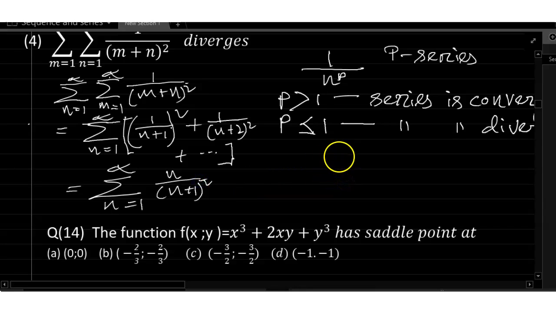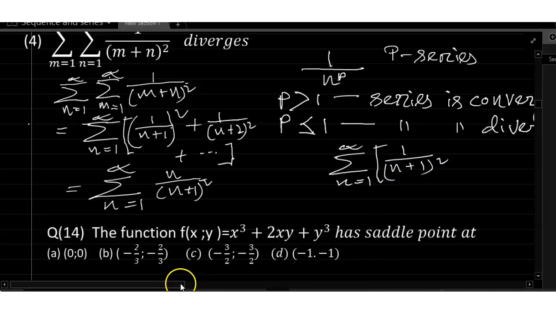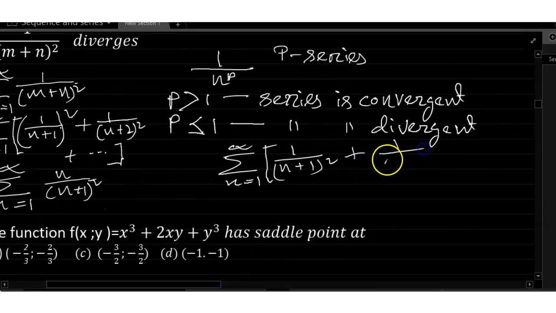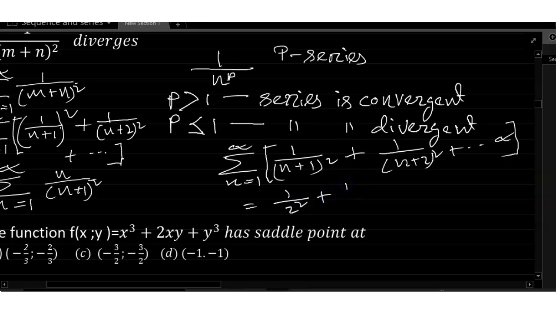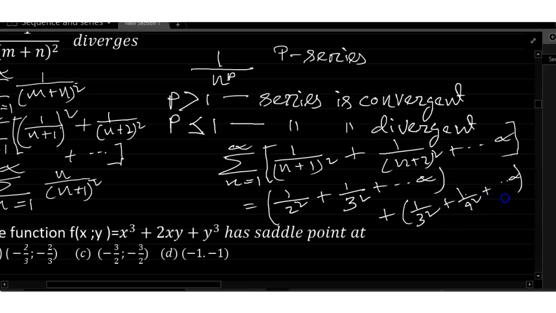Because friends, if you take summation n equals to 1 to infinity 1 by n plus 1 whole square plus 1 by n plus 2 whole square up to infinity, it can be written this way: 1 by 2 square plus 1 by 3 square up to infinity, plus 1 by 3 square plus 1 by 4 square up to infinity, and plus 1 by 4 square plus 1 by 5 whole square up to infinity.